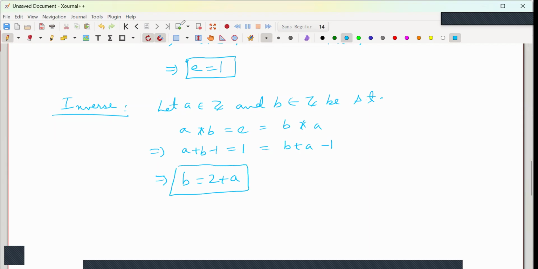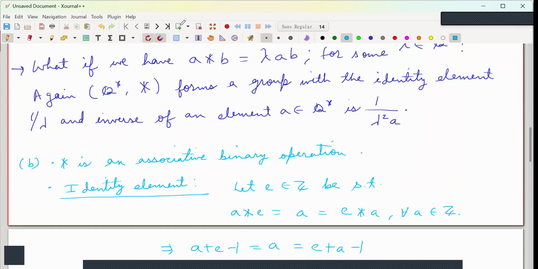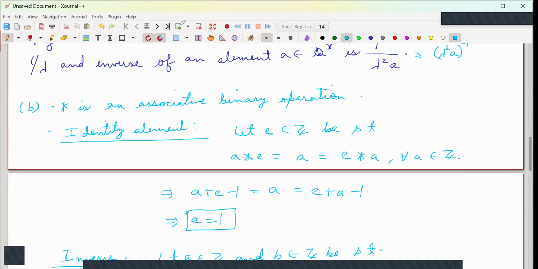Now again you can see there what we have is 1 upon lambda square of A. So this is basically lambda square A inverse, you can say, right? So in group theoretic sense, if our lambda here is minus 1, then what will be minus 1 square here?